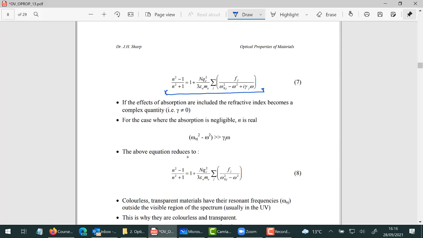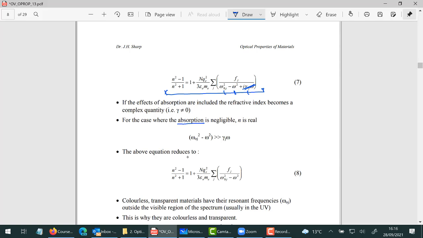The same sort of shapes, resonant frequencies, natural frequencies, driving frequencies, and damping terms. What we're going to do now is look at this equation and see, if we start stripping out bits of it, what does that mean physically? What does it mean in terms of what we see? Well, we've already said that if we don't have any absorption, then the refractive index is real, and this imaginary term here is essentially negligible.